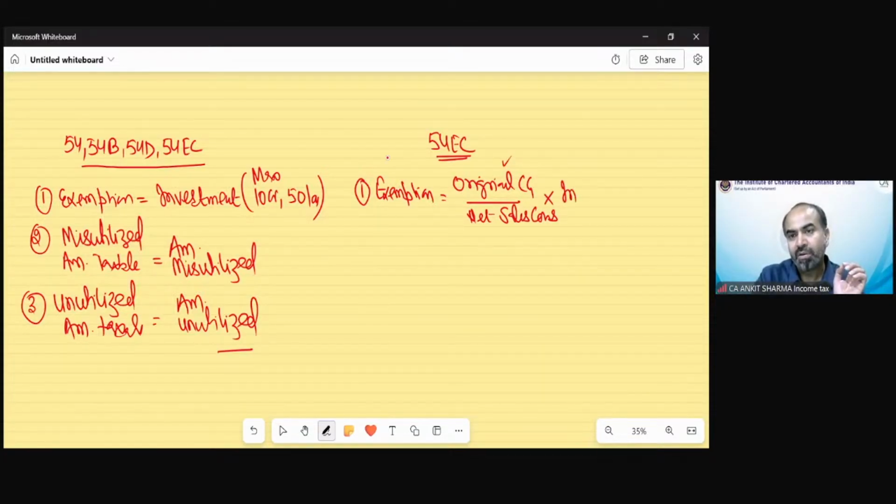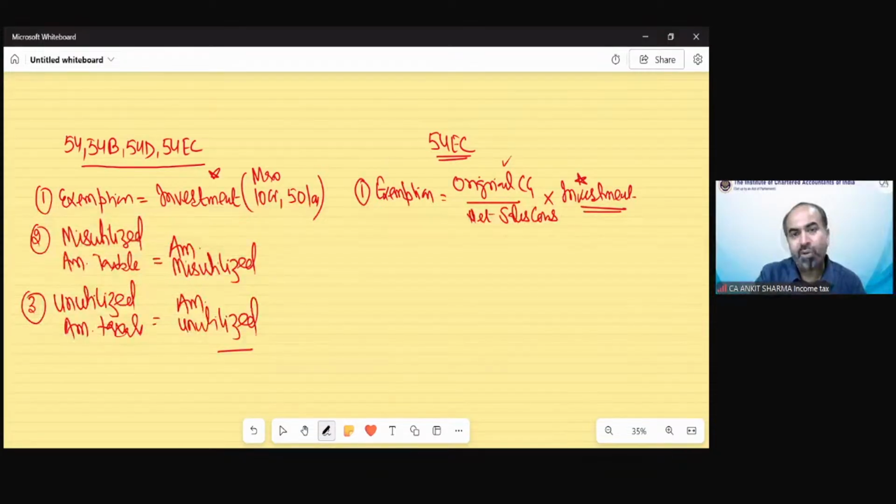For the exemption, you have to multiply the investment amount with original capital gain upon net sale consideration, and the maximum limit of 10 crore is there.